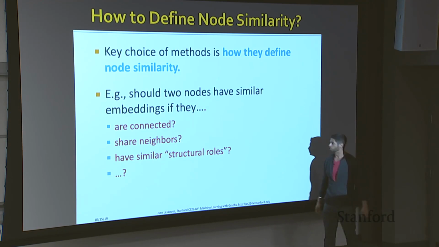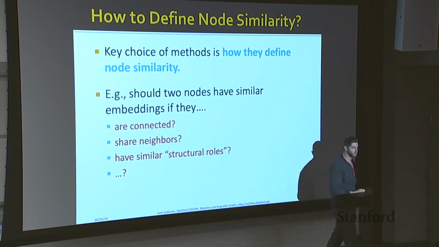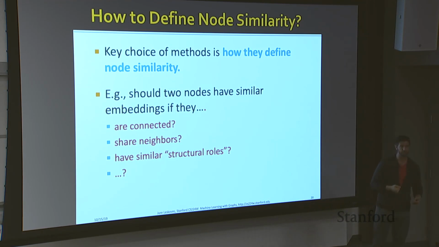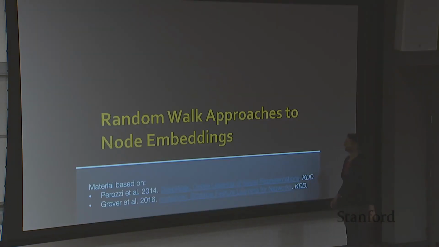For example, two nodes could be similar if they belong to the same community, or if you have some external domain knowledge about your graph that tells you two nodes share a feature, or maybe they've been generated at the same time. So you can get as creative as you want on this part, okay?